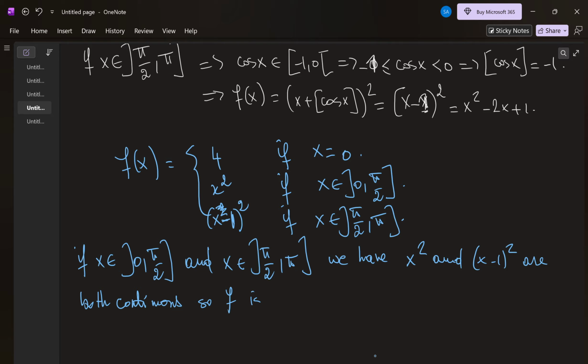So f is continuous inside those intervals.